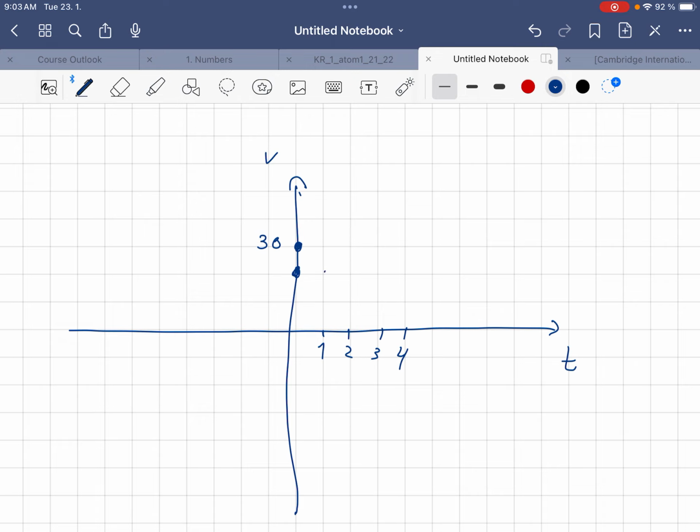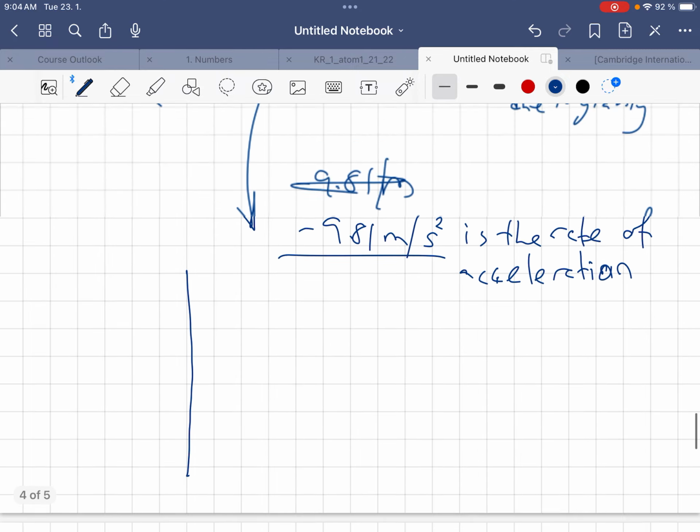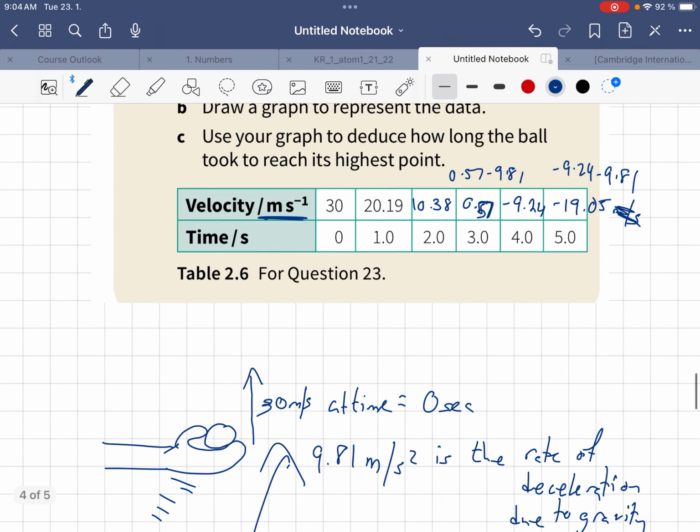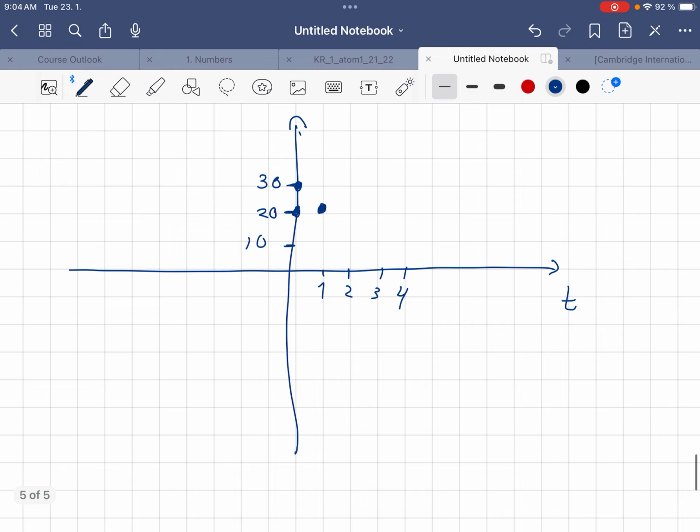This is 10 meters per second, so after 1 second it was around 20.98, I think it was something like 20.19, and it will slowly decrease, it will go to 10.38, and then around 0 point something, and then it goes down to about 9.57.